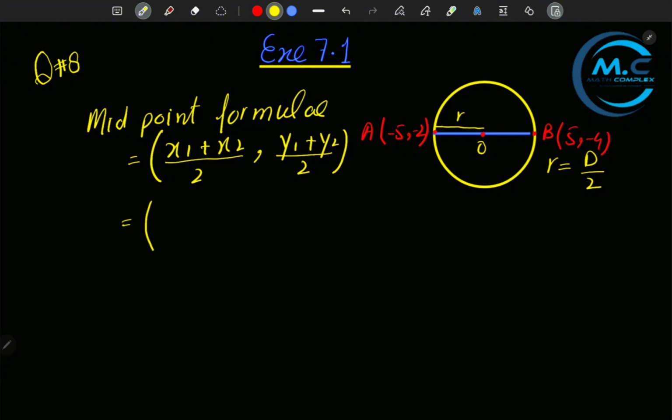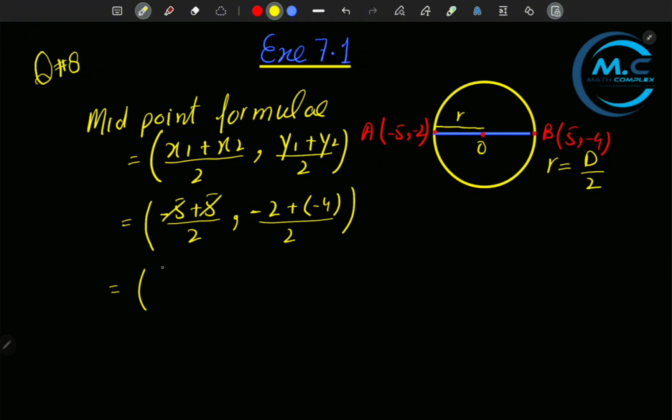For the given points, the value of x1 is -5 and the value of x2 is +5 divided by 2, and the value of y1 is -2 and the value of y2 is -4 divided by 2.